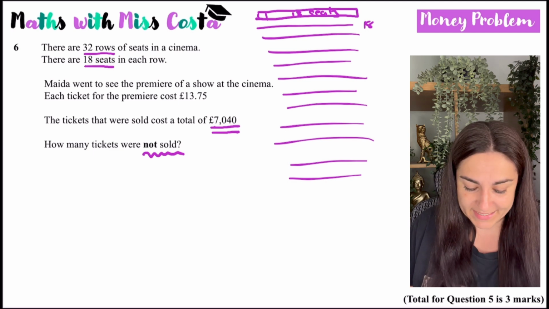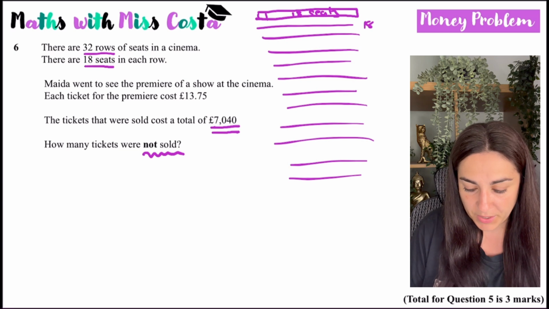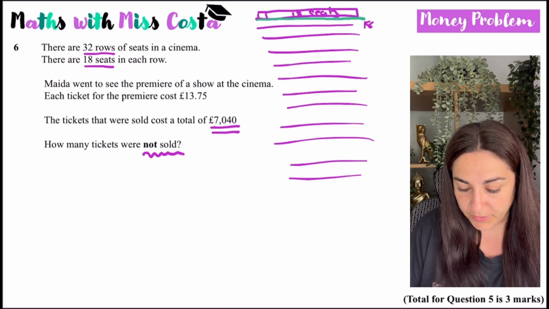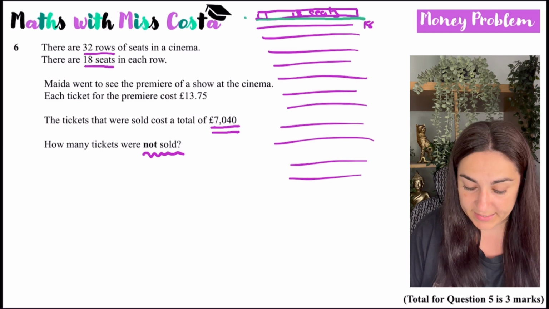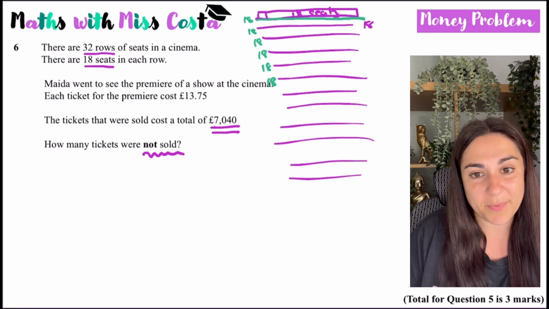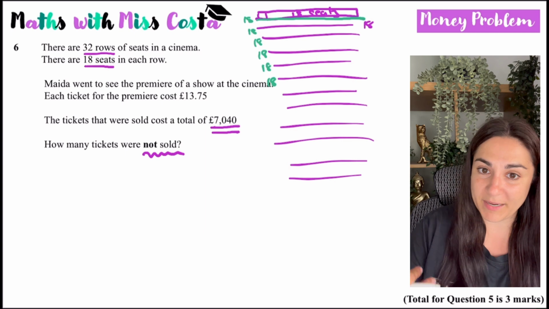And in order to know how many tickets were not sold, we need to know how many seats there were in total. So there are 32 of these rows with 18 seats in each of them. I could either do repeated addition, 18 plus 18 plus 18, 32 times, but that's why I use multiplication, because multiplication is the shortcut for repeated addition.